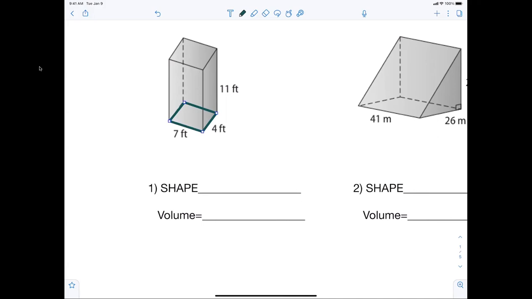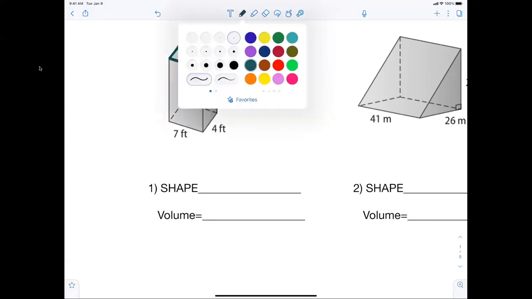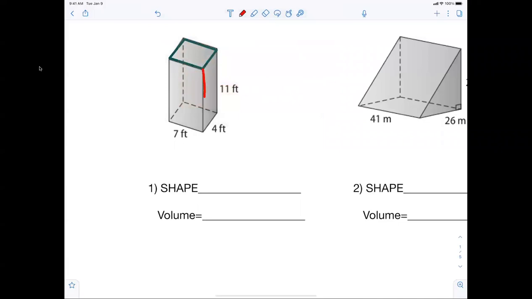Please look up for a second. That could be called the base because it is parallel to this up here. Everybody see that? Now, the rectangular prism is unique because, look at this right here, please.